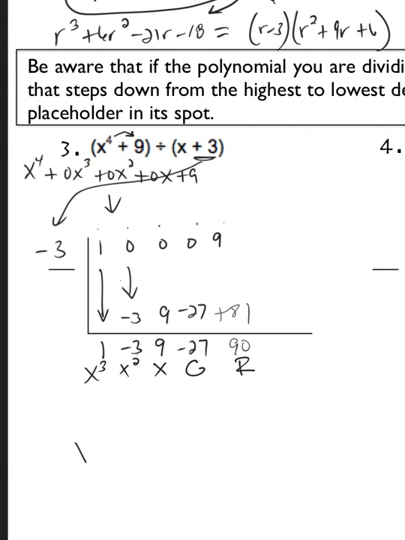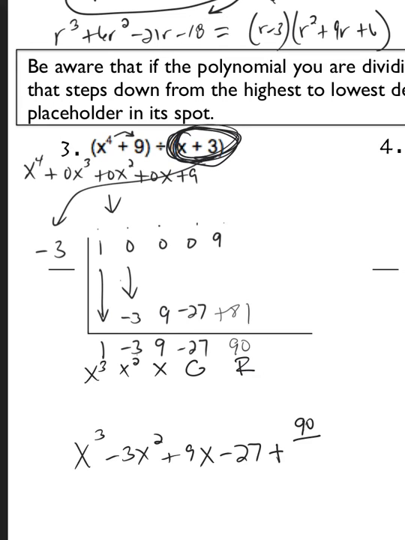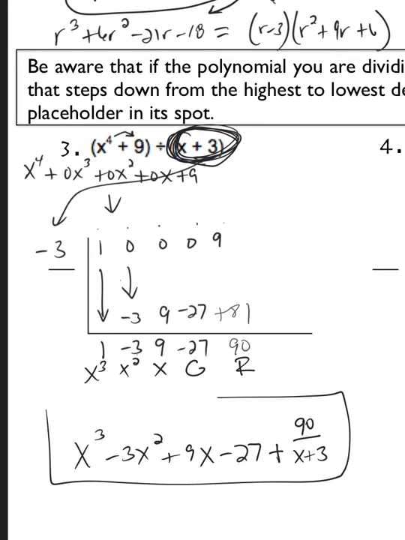So my answer would be 1x cubed minus 3x squared plus 9x minus 27, and then I have a remainder. So I'm going to take that remainder and I'm going to put it on the top of a fraction, and what's going to go on the bottom of the fraction is my divisor, x plus 3. And this is the result from that last one.